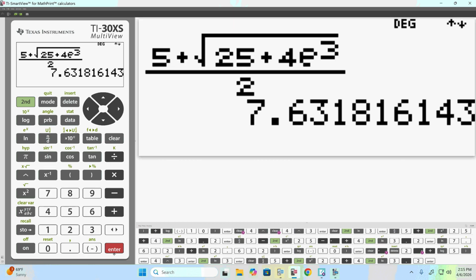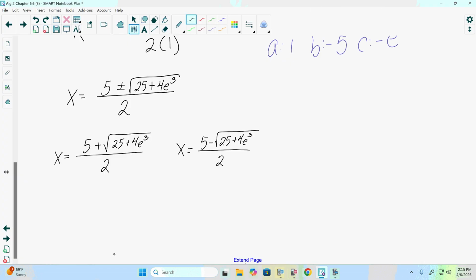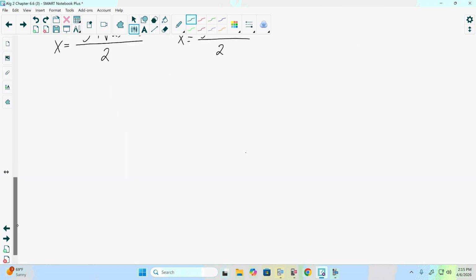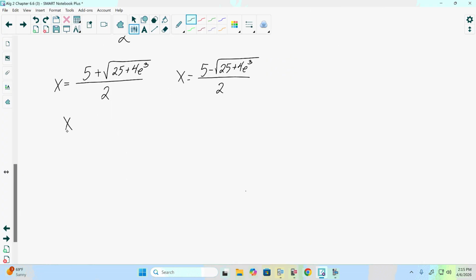Now I would plug it into the calculator and see what I get. 7.632. So x is approximately 7.632. If this works in the original problem, I will take it, or 5 plus the square root of 25 plus 4e to the third all over 2.